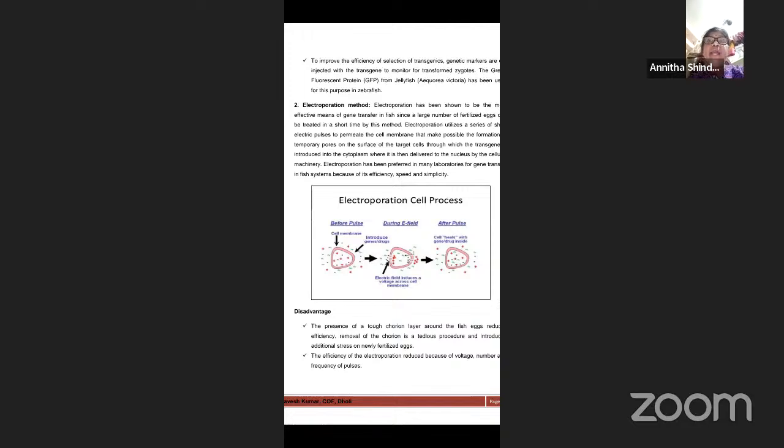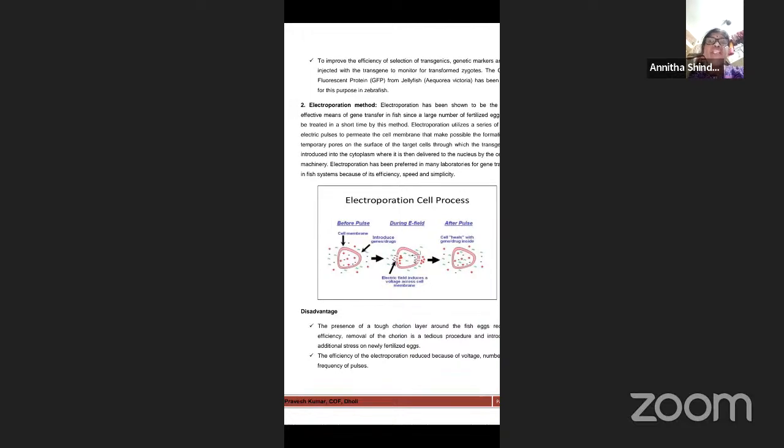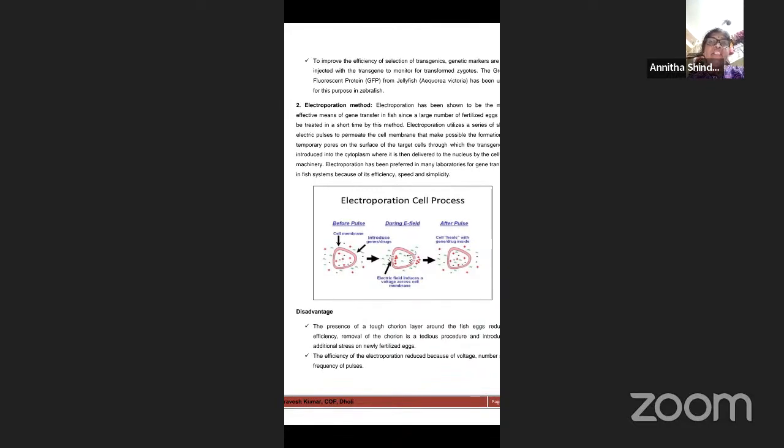Another technique that is used is called the electroporation method. Electroporation is found to be the most effective means of gene transfer in fish, since a large number of fertilized eggs can be treated in a short time by this method. Whereas in microinjection you take only one or two eggs at a time, in electroporation you can take many eggs at a time.